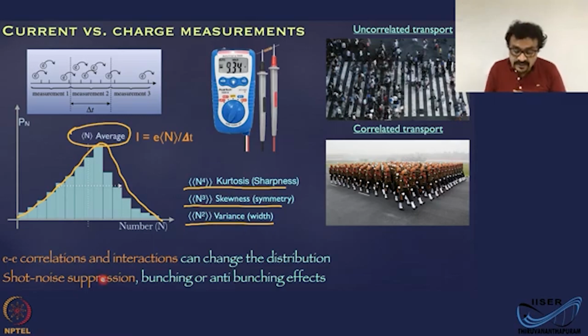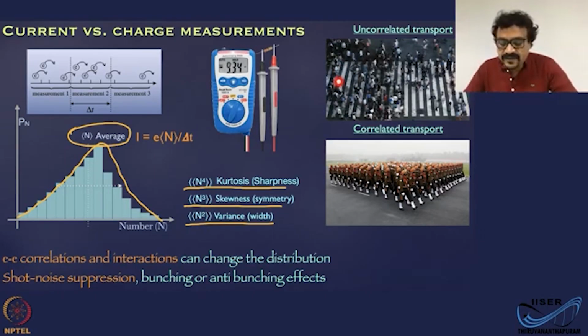And there will be noise suppression, which you cannot measure if you simply measure the average number, because you need information of the other higher moments of the distribution, which are generally swept under the rug when you do a simple current measurement.